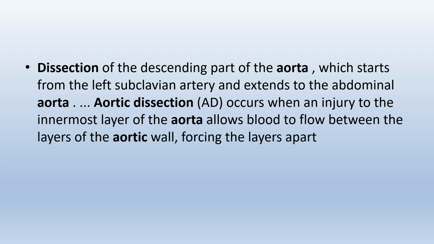Aortic dissection occurs when an injury to the innermost layer of the aorta allows blood to flow between the layers of the aortic wall, forcing the layers to part. So the dissection beyond the left subclavian artery is the descending thoracic aortic aneurysm, and it can be classified as type B or type 3 of DeBakey.